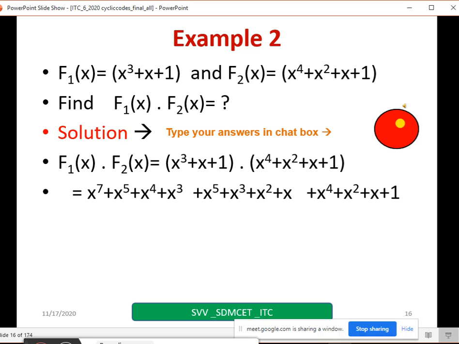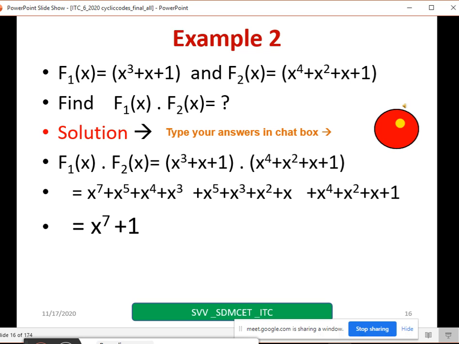Most of them are typing the same answer. Prajakta, maybe x raised to 7. Rohan has typed x raised to 7 plus 1. Even I got the same answer, x raised to 7 plus 1.